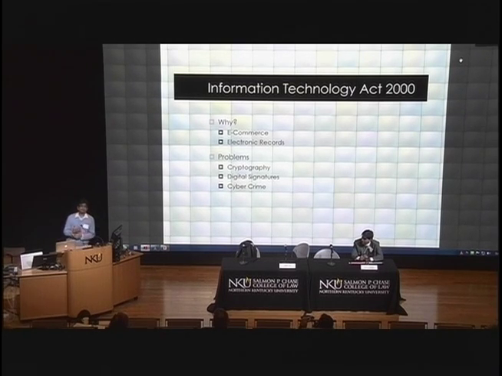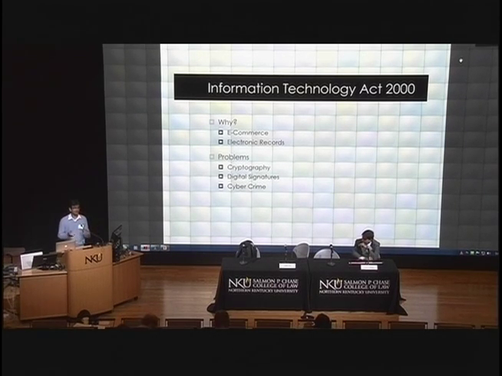This act was originally passed in 2000, and essentially the idea was that India did not have a law that dealt with the emerging field of cyber technology and information technology architecture. At the same time, this was at the height of the BPO revolution and the IT boom in the late 90s.